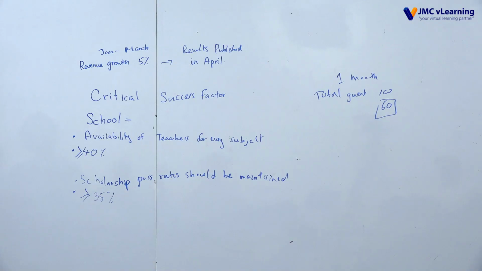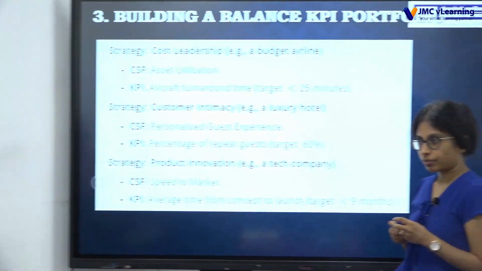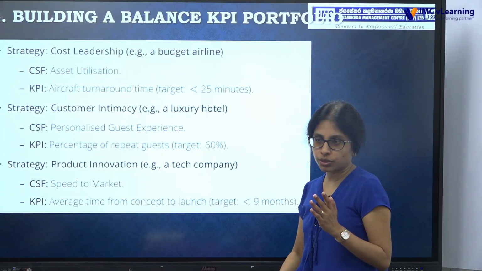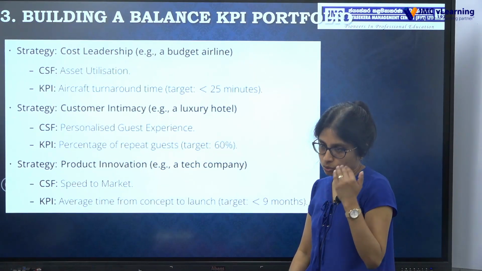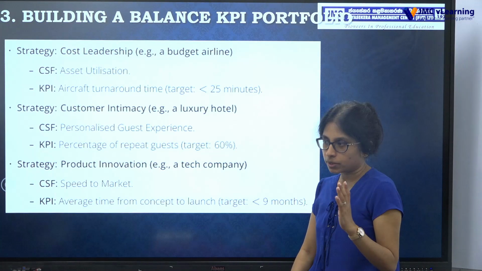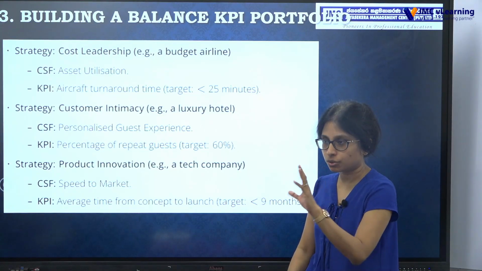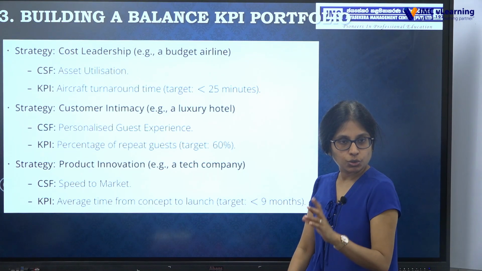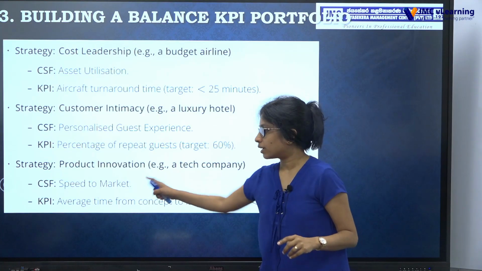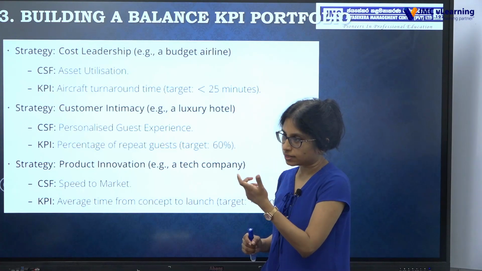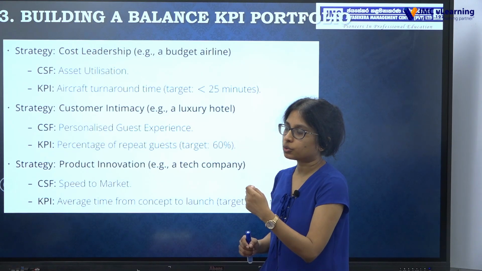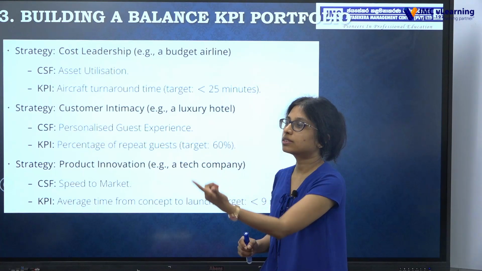Yeah, right. Then product innovation for a tech company, speed to market. Tech companies are very fast moving companies, no? Like 1 day difference, you lose the market. You should be the first to get into a certain product. So speed to market is whatever you have been researching on, how fast you can make it feasible and sell it in the market.